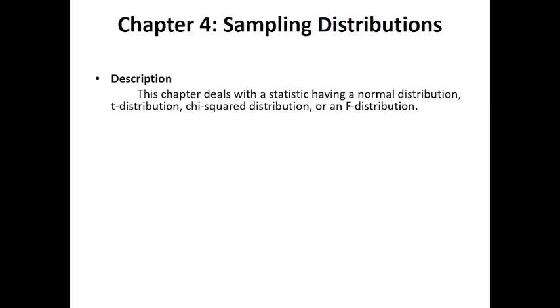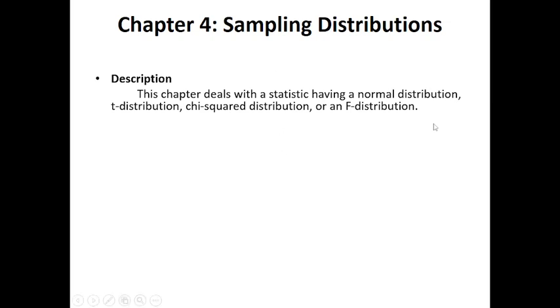So we have chapter 4 now. We're done with chapter 3 and I will discuss now chapter 4 concerning sampling distributions. Description of this chapter: this chapter deals with a statistic having a normal distribution, t-distribution, chi-square distribution, or an F distribution.